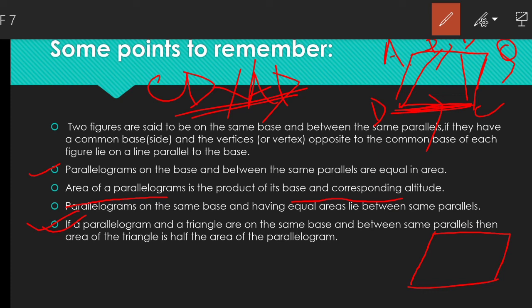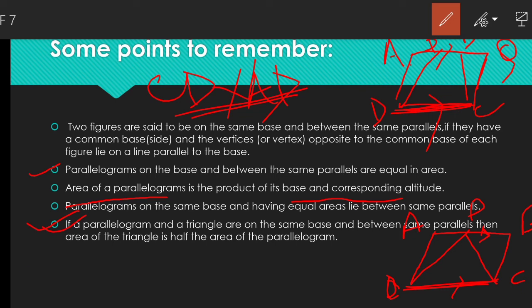So if ABCD is a parallelogram and PCD is a triangle, they lie between the same parallel lines. The base is common, the common base is CD, and they lie between the same parallel lines, that is AB and CD.